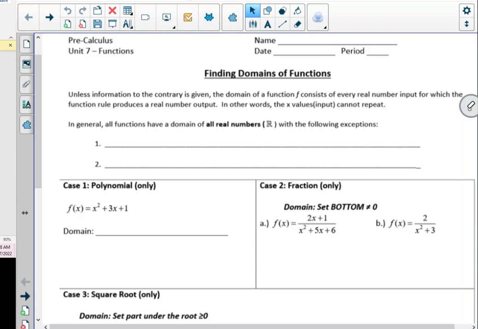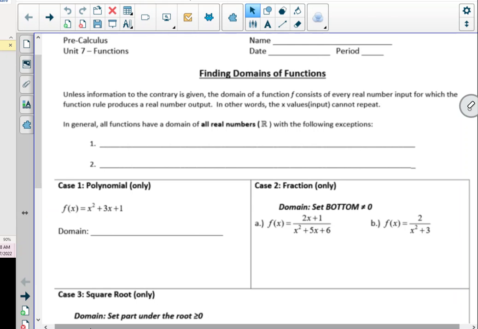Our domains in our first units, which would be polynomial functions and then rational functions. For polynomial functions and for rational functions, the domain problem was very different.